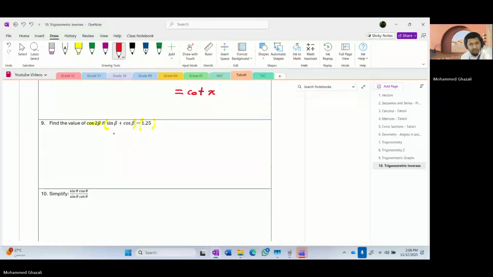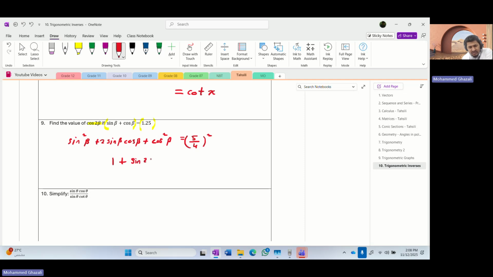Squaring both sides, we get sine squared beta plus, the middle term is very important, 2 sine beta cos beta, plus cos squared beta is equal to 1.25 squared, which is 5 over 4 squared. Sine squared plus cos squared is 1 plus sine 2 beta is equal to 25 over 16.